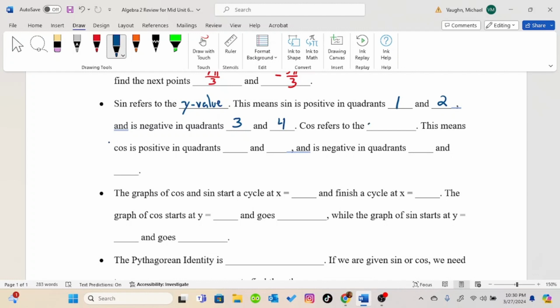Cosine refers to the x value. This means cosine is positive in quadrants 1 and 4 when you are on the right side of the y-axis, and it's negative in quadrants 2 and 3 when you are on the left side of the y-axis.